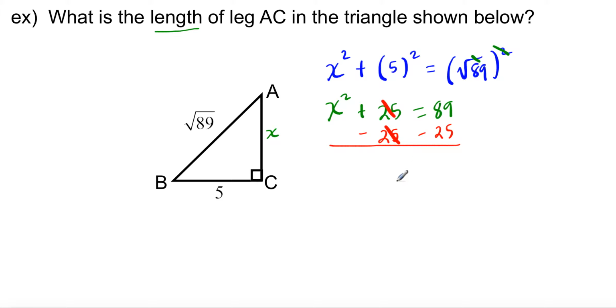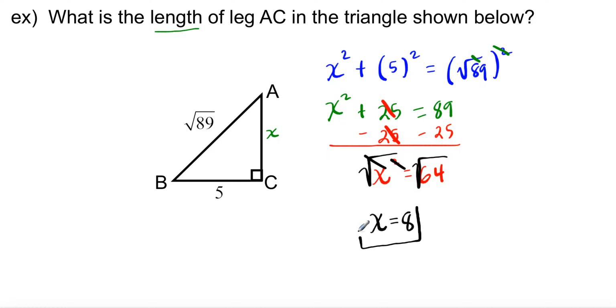The 25s cancel. x squared is equal to 89 minus 25, which is 64. And we're not done yet because we're solving for x, not x squared. So to undo the squared, you take the square root on both sides. Squared and square root cancel, leaving me with x is equal to the square root of 64, which is 8. So the length of leg AC is 8.